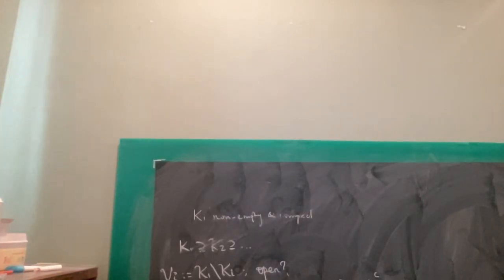The compactness of the Ki's gives us the openness of K1 removed Ki, which we use to cover K1. So if we consider the maximum finite set F, then we get an empty compact set, which is a contradiction because we assumed that all the Ki's were non-empty.